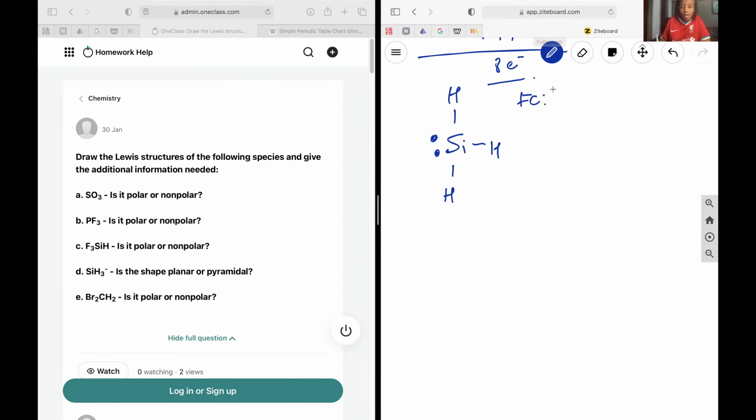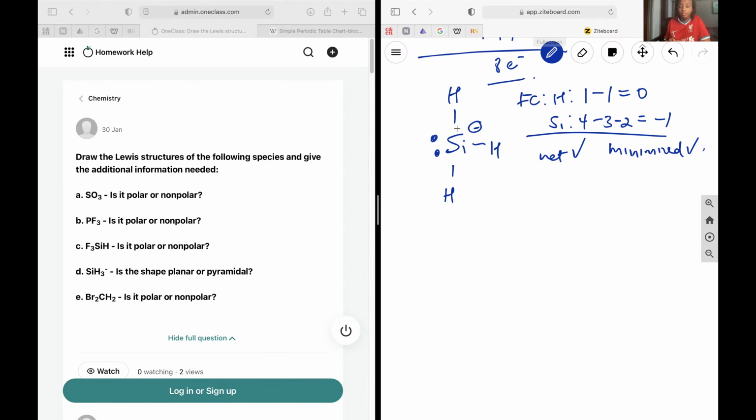On my hydrogens, it is 1 minus 1, giving me 0. On my silicon, I have 4 minus 3 minus 2, giving me that -1 charge that I was looking for. The net adds to what it's supposed to be, and it is indeed minimized. Hence, this is going to be my best Lewis structure.